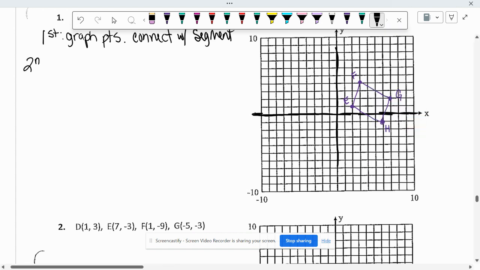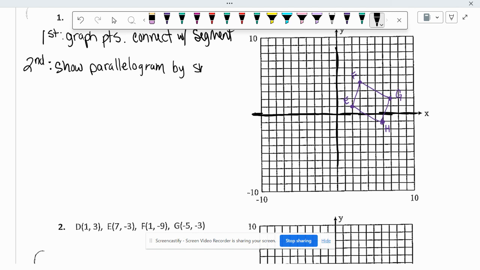So second, we're going to show that it's a parallelogram. And what method are we going to use? What did we highlight in our methods? Yeah, what is the first method?